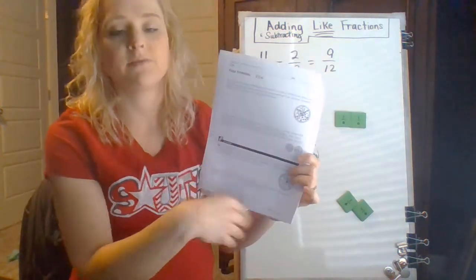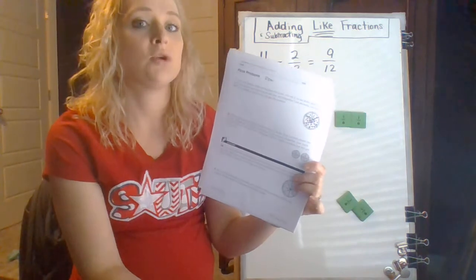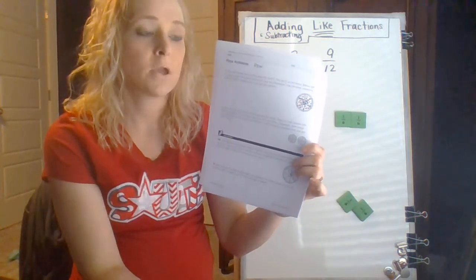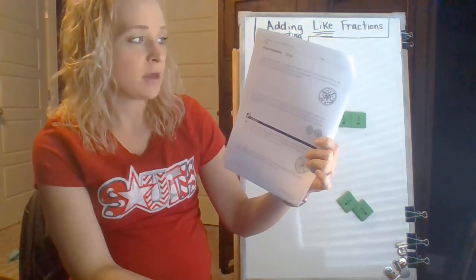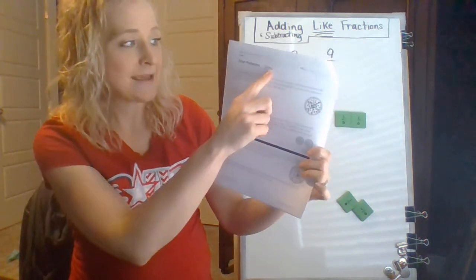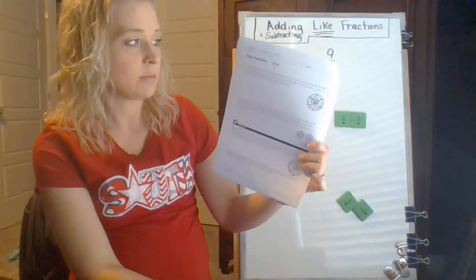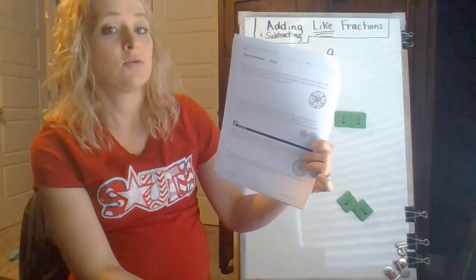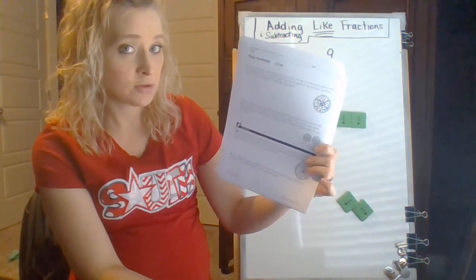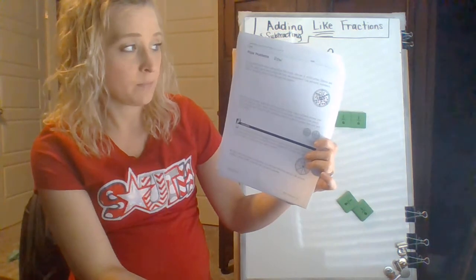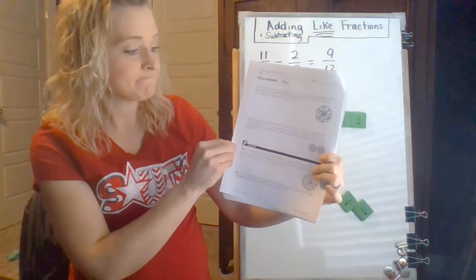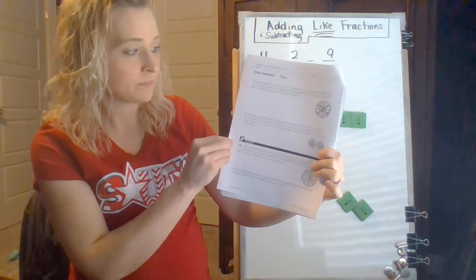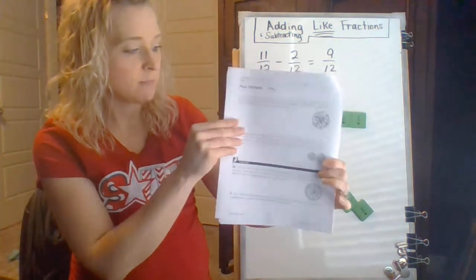That's where that D comes from. Drawing a picture, or using numbers or words to show your thinking through the problem, and then writing a solution statement. RDW. Read, draw a picture, use numbers or write words, and then write a solution statement, okay? So make sure you complete that.